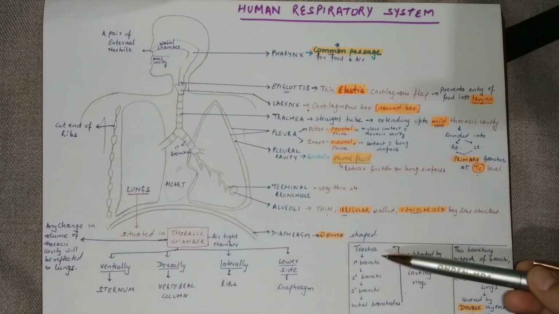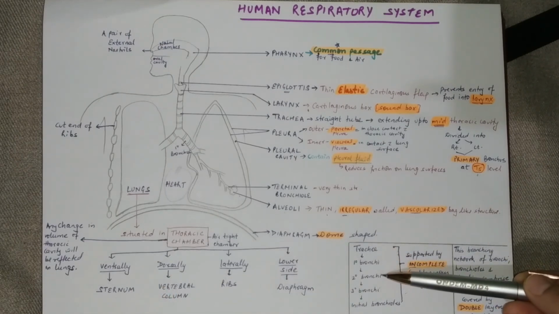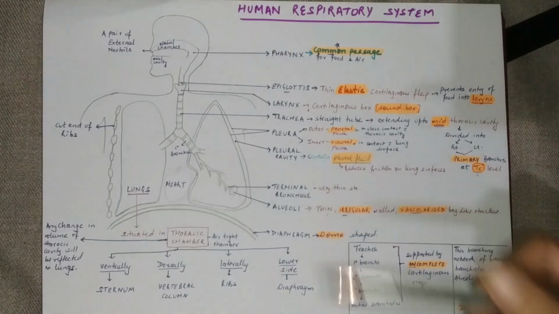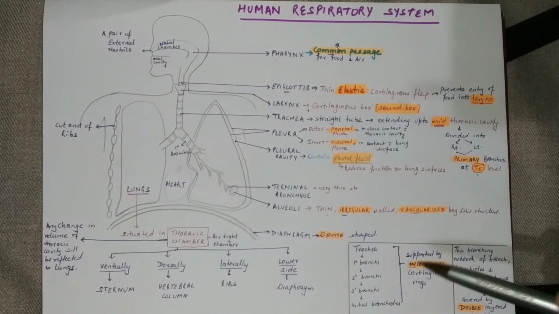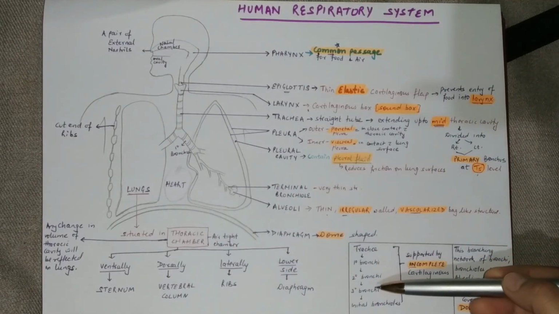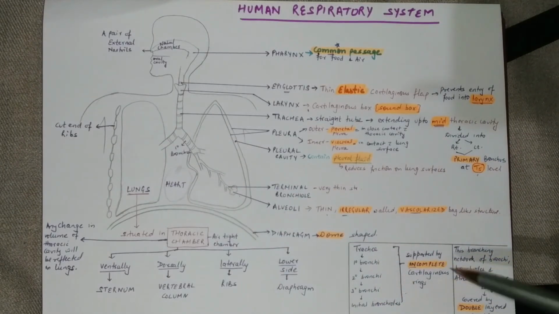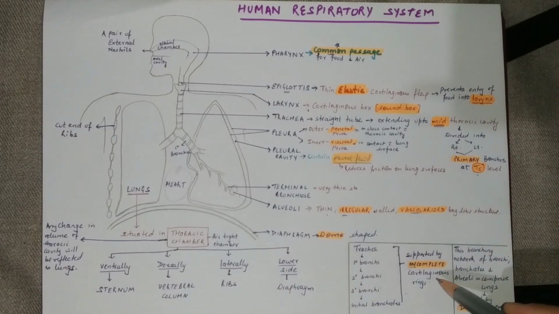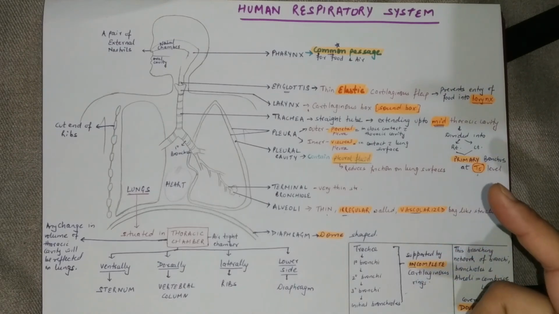Our trachea divides into primary bronchi, then secondary bronchi, tertiary bronchi, initial bronchioles, terminal bronchioles and alveoli. Up to the initial bronchioles, these structures, trachea, primary bronchi, secondary bronchi, tertiary bronchi and initial bronchioles, are supported by incomplete cartilaginous rings. These terms can be changed, incomplete can be changed with complete, and cartilaginous can be confused with fibrous rings.